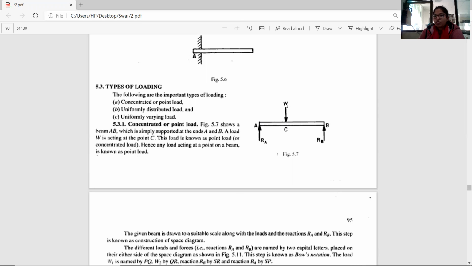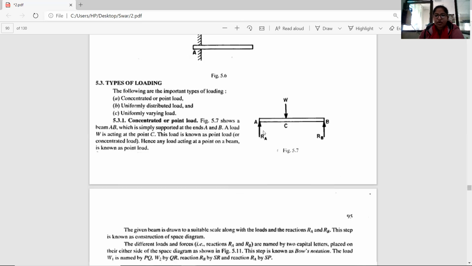If this W load is more than my beam can permit, then my beam will deform because of this load. And it will deform only at this point C. It will not deform at point A, it will not deform at point B, it will only deform at point C. So this is my concentrated point load.